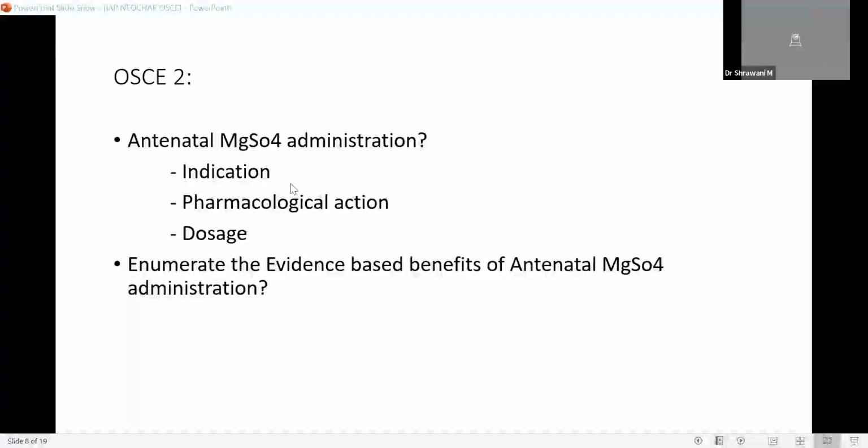Yes, preterm less than 32 weeks, neuroprotection, 4 gram loading followed by 1 gram per hour, till 24 hours or till delivery, whichever is earlier. Inhibition of NMDA receptors. Yes.